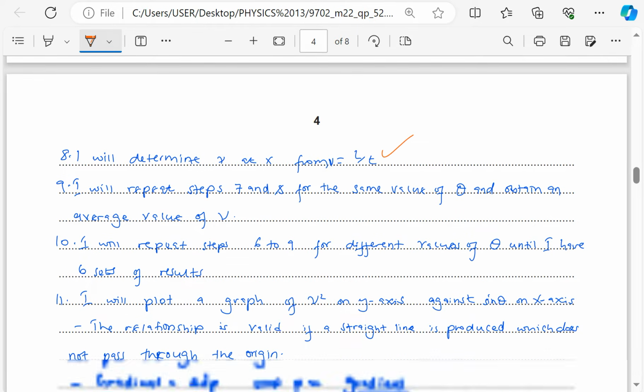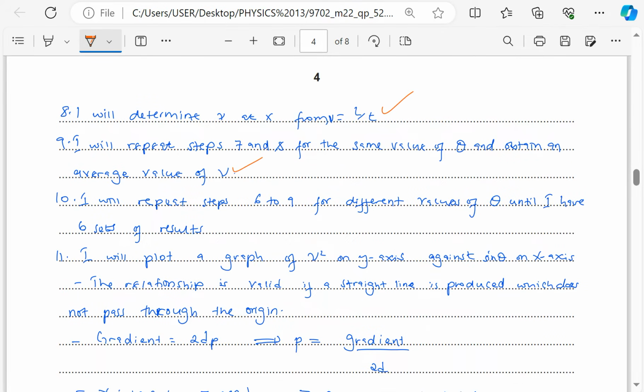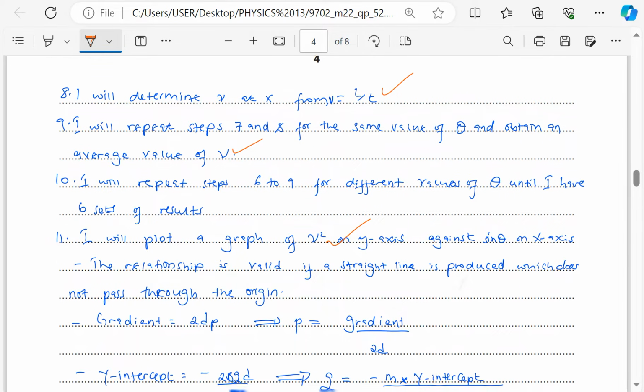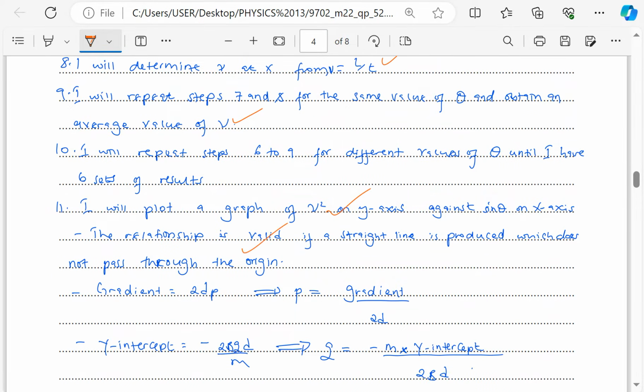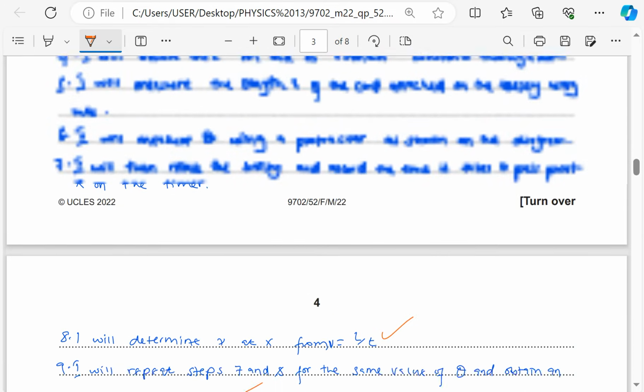Then repeating steps 7 and 8 for the same value of theta to get an average value of V, that would give you a mark. Then repeating steps 6 to 9, that will not give you a mark. I will plot a graph, V squared against sine theta, that will give you a mark. Then analysis, the relationship is valid if a straight line is produced which does not pass through the origin, that gives you a mark. So I already have more than 15 marks.